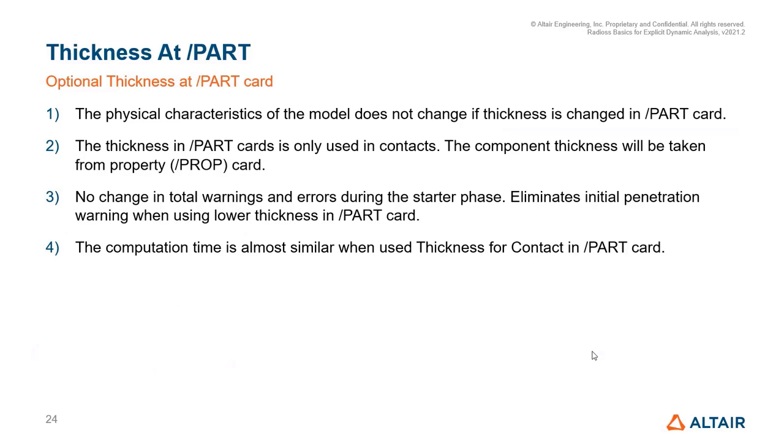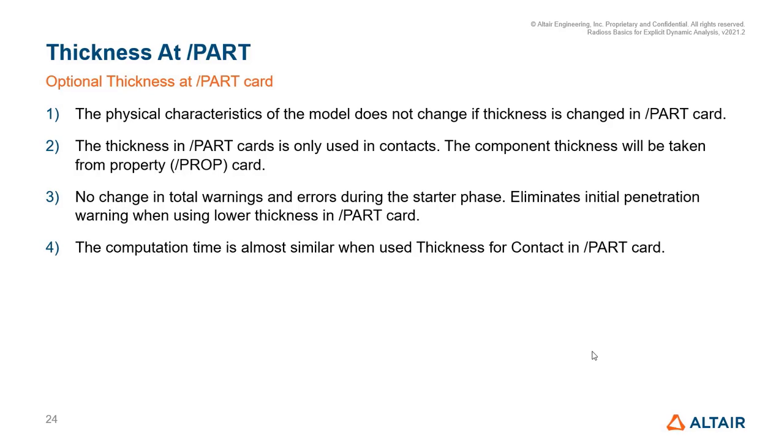So when you are using optional thickness in the part card, the physical characteristics of the model does not change if the thickness is changed in the part card. It will always refer to property card, and it will keep the original thickness for the physical characteristic, and only for the contact gap purpose your optional thickness will be calculated.